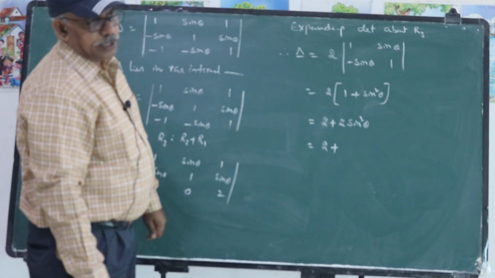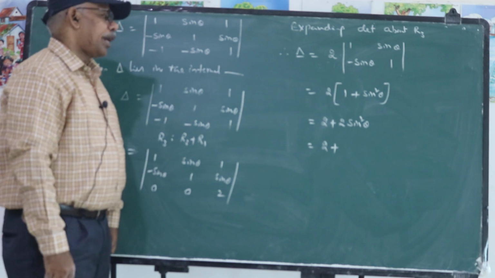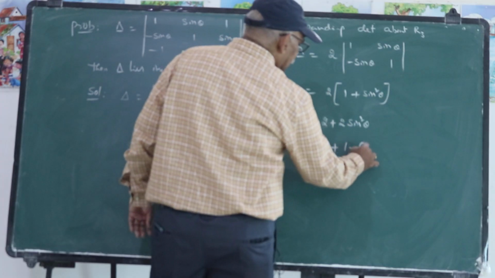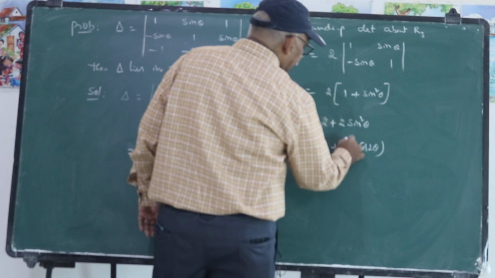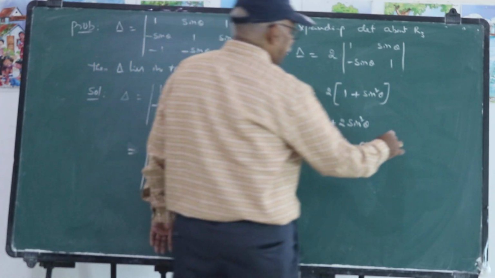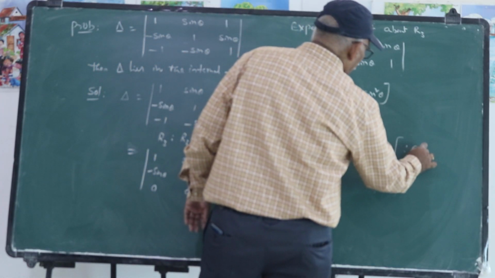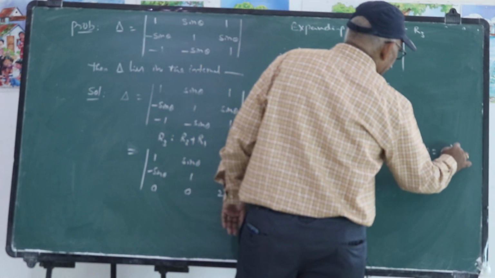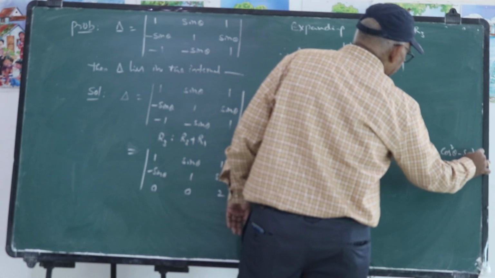2 sin square theta may be written as 1 minus cos 2 theta, since cos 2 theta is equal to cos square theta minus sin square theta.